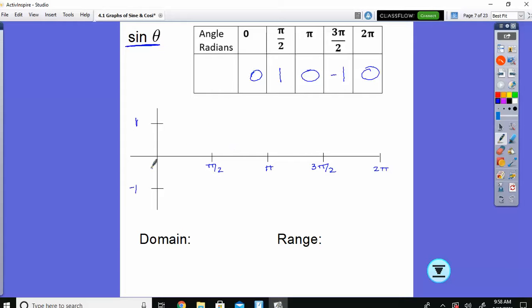So if I plot these, I've got 0, 0, pi over 2 is 1, pi is 0, 3 pi over 2 is -1, and 2 pi is back to 0. Now we can graph all the other points in between, but these are the main ones that we will use to get our graph.